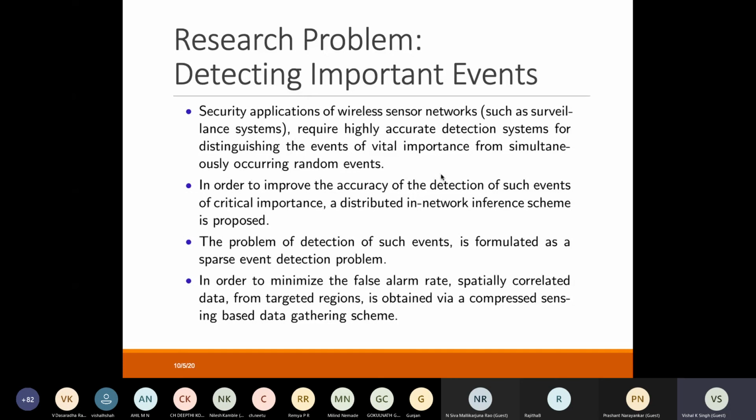If there is a glitch in the system, all the normally reported events are considered and appropriate actions are taken, which is perfectly fine. But what about the anomalies? So, detection of important events, or events of importance, or EOIs, or anomalies. I'm referring to these important events as anomalies.